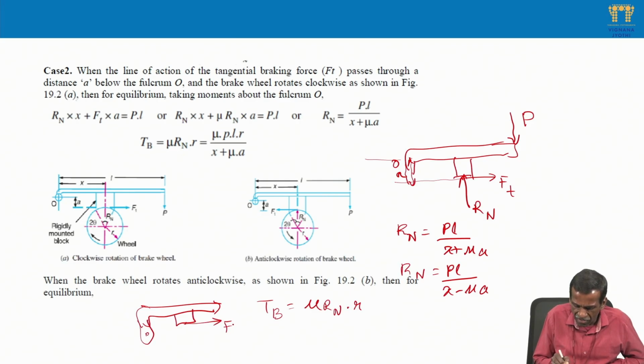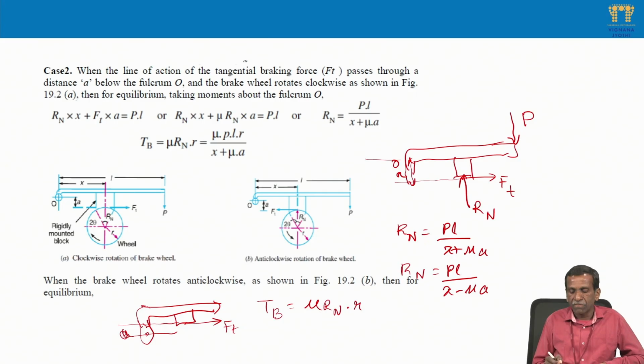The line of action of FT is at a distance, say B, above the fulcrum. So in this case, the moment of the effort about the fulcrum and the moment of the frictional force about the fulcrum are in the same direction. Because of that, it supports the friction grip, more pressing occurs on the wheel, and less effort is enough to apply the required torque on the wheel.